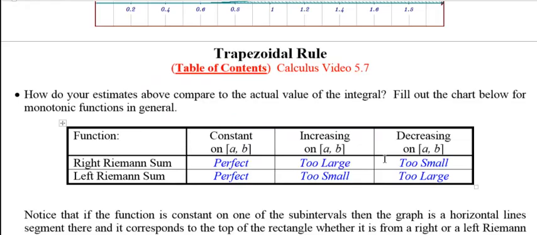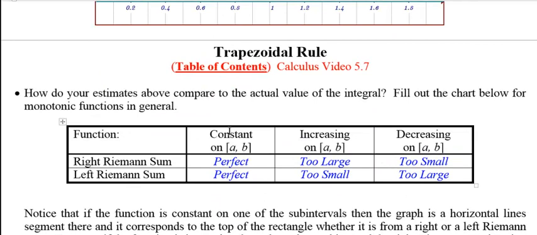We found that we could improve that, because if the function were constant on the interval, both the right and left Riemann sums would be the same as each other and the area under the function. But if the function's increasing, the right and left Riemann sums will both be off a bit, with the right Riemann sum being too large and the left too small when the function's increasing, but exactly reverse when it's decreasing.